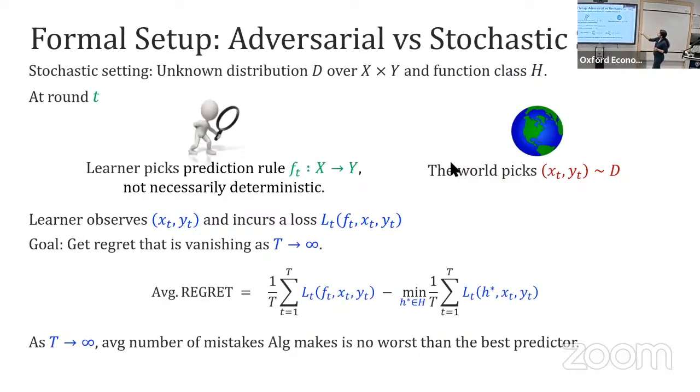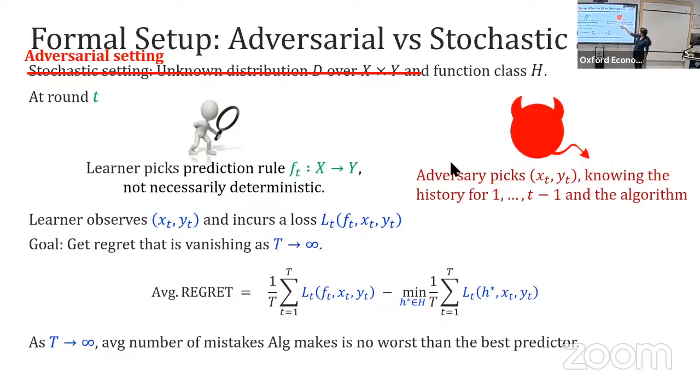So this was where we started for the stochastic setting. What changes when you think about adversarial is that there is no distribution D. Everything else remains the same, except that now the world has to pick x_t, y_t, and it picks it adversarially by thinking about the full history of the past.